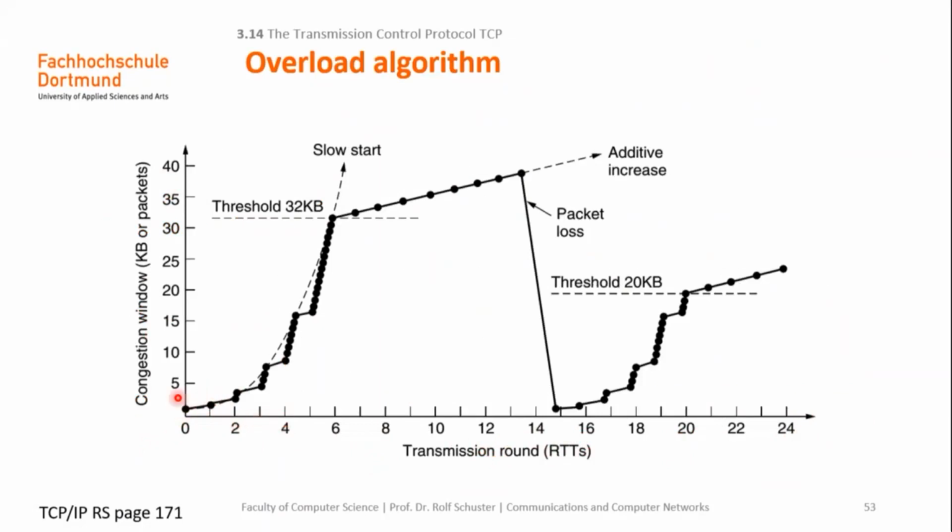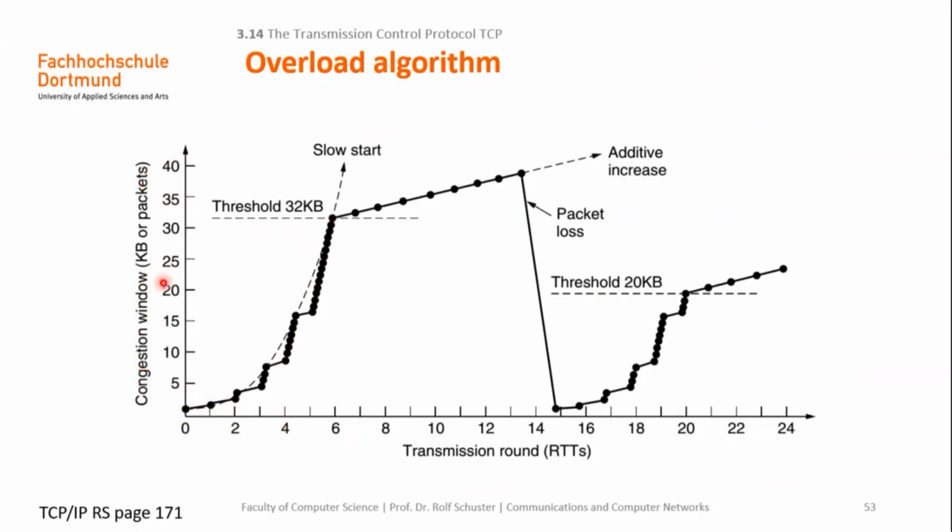Then pay attention, the unit of the y-axis is the window. Remember that the window is directly related to the throughput. Then, when we increase the window, we are increasing the throughput.